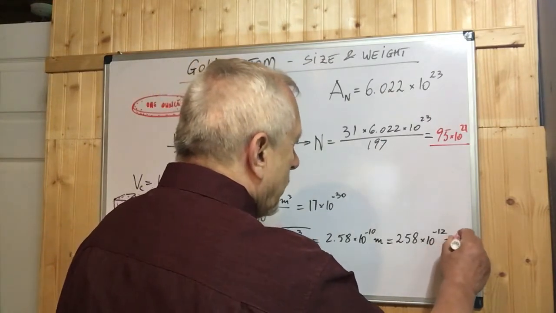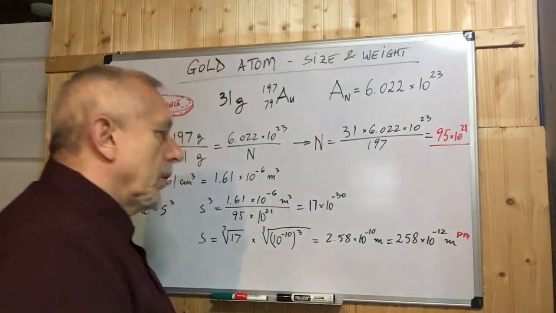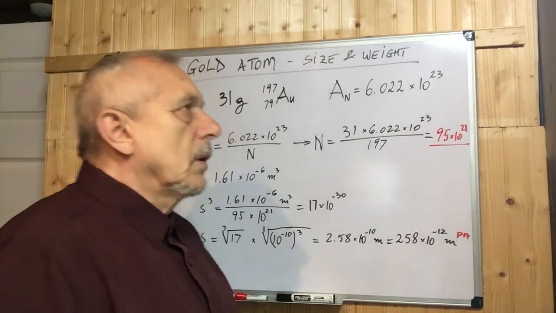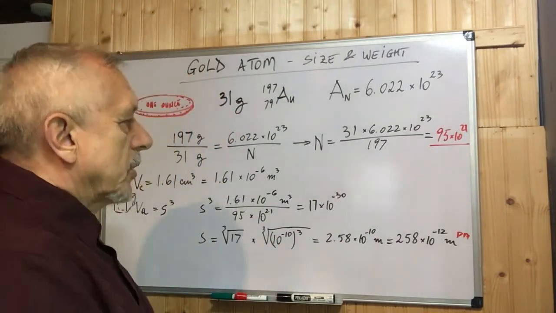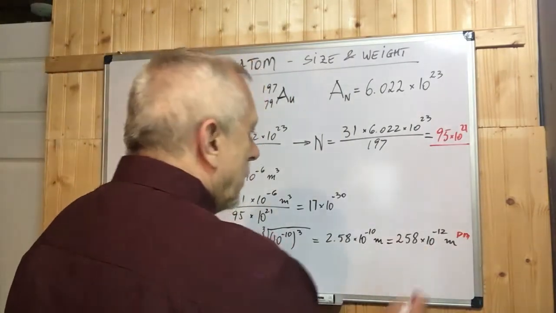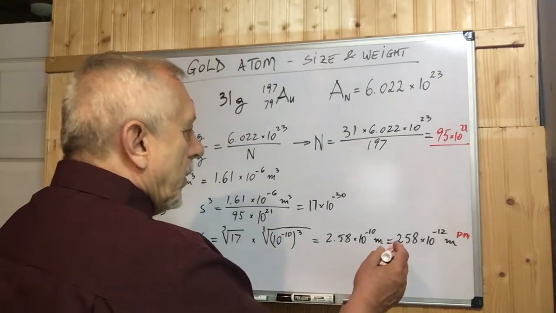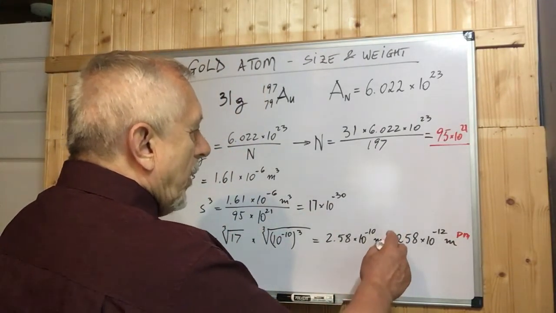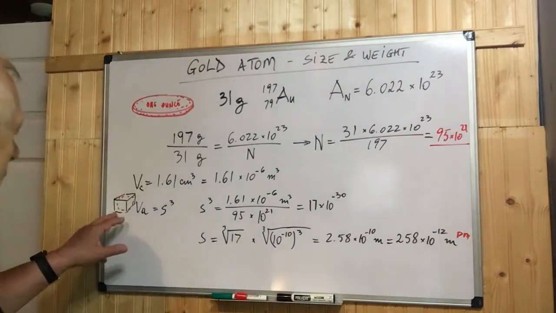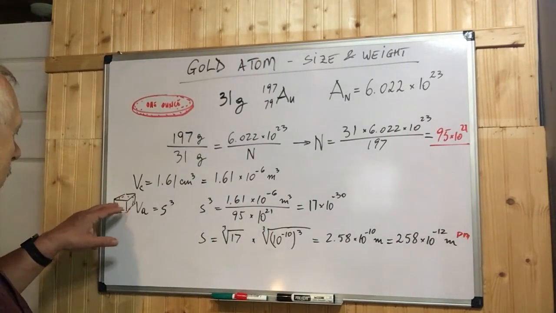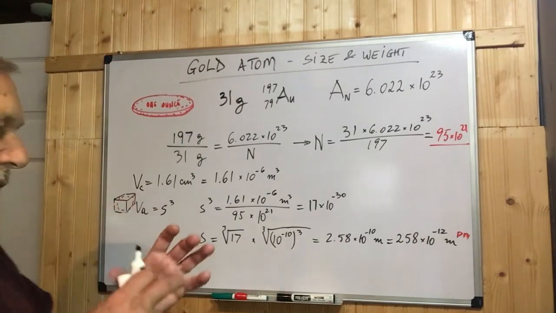Anyway, this is picometers, the trillionth part of a meter. But this is the diameter, this is the side of this cube, and in fact it is the diameter of the sphere of the atom.